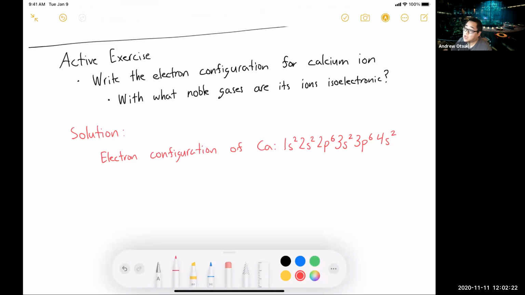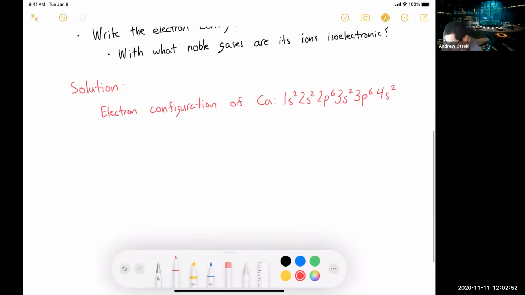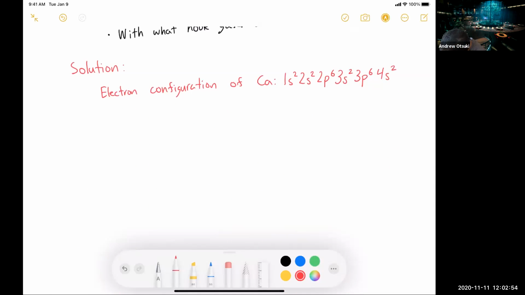Now we need to figure out the calcium ion. If we go back to our table in the previous slide, we saw that it's in group 2A/2. It's a metal, so it's going to lose electrons. So we're going to have a charge of 2+. So the calcium ion is Ca2+.